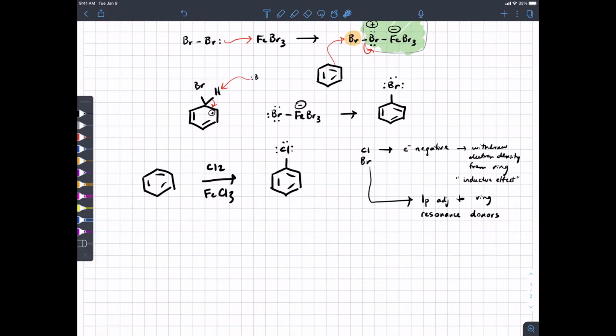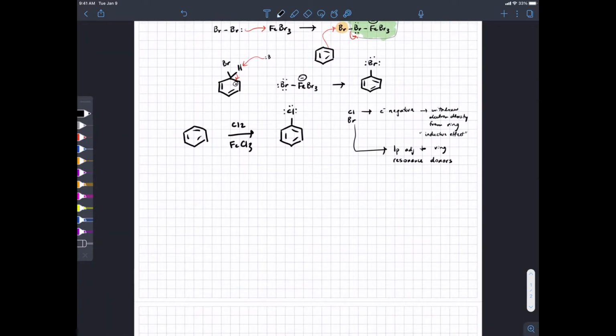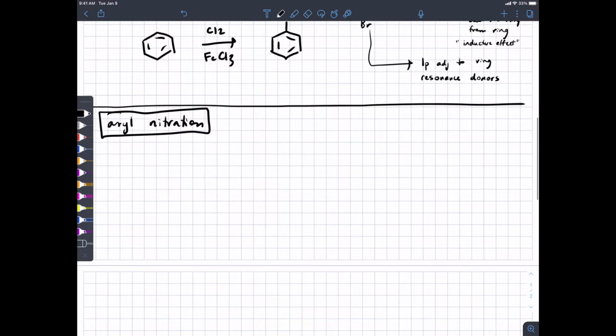Okay, other questions you want to ask at this stage? All right. So the next one that we're going to talk about is installing a nitro group. We call this aryl nitration. Your text will show you how to generate the electrophile here. I don't particularly care about that.